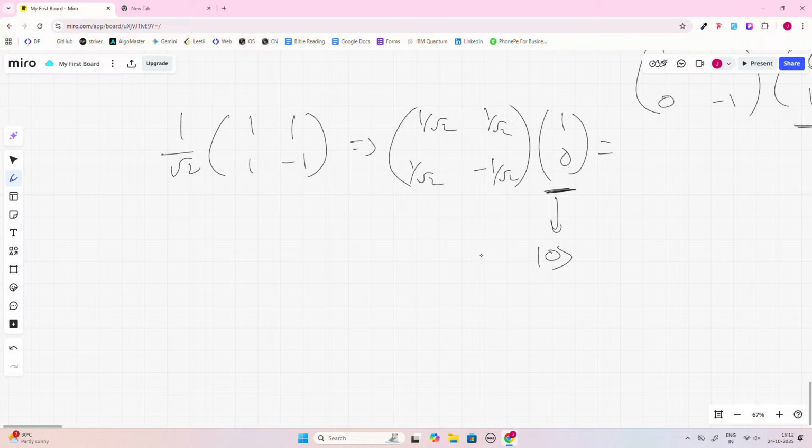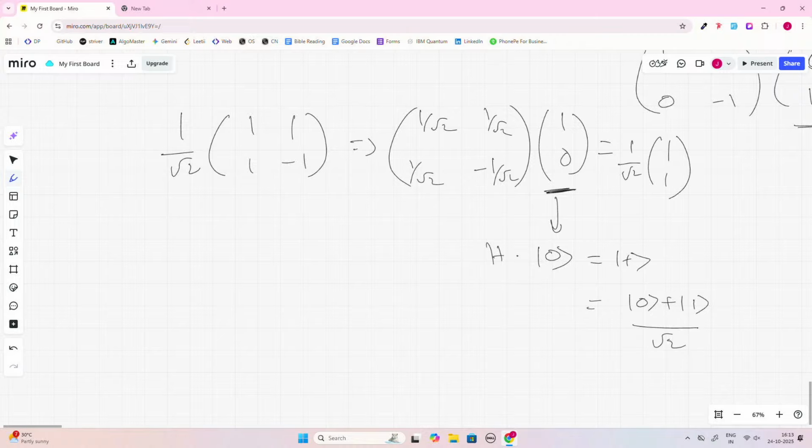So what operation am I doing? I am doing this operation. What is the output? What are the values you are getting? You will get something like this, so I will just derive it.